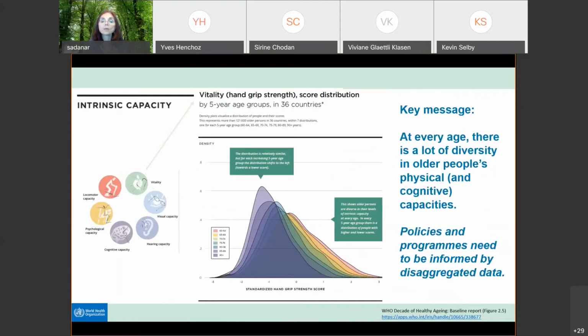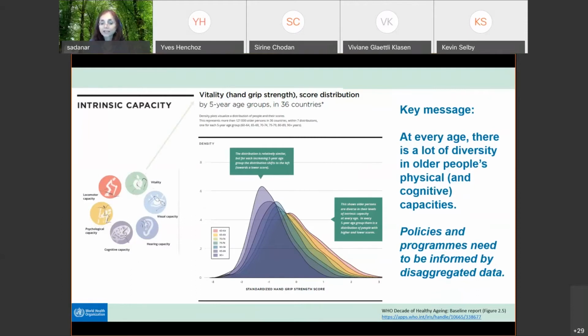What we are showing here is that we had 121,000 older people in 36 countries with comparable data. And we have here a 7-layered distribution, which shows 5-year age groups. The better score is on the right side of the horizontal axis. With every 5-year age group, the distribution shifts to the lower end.